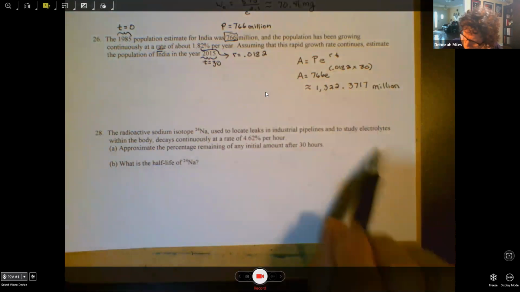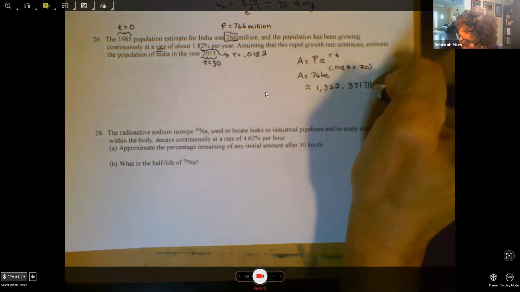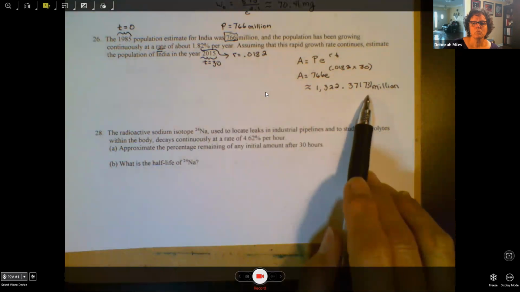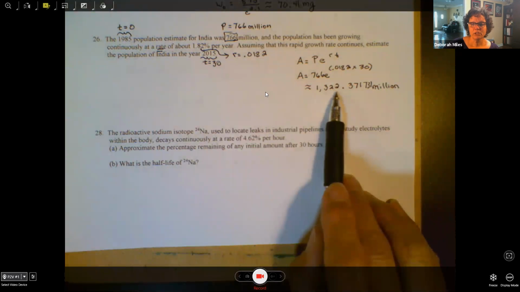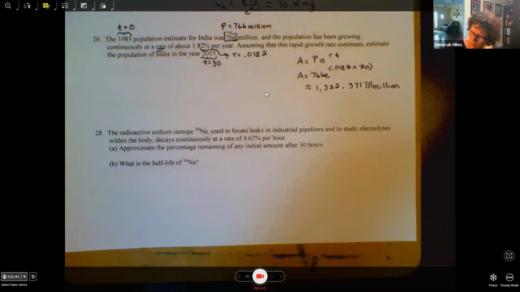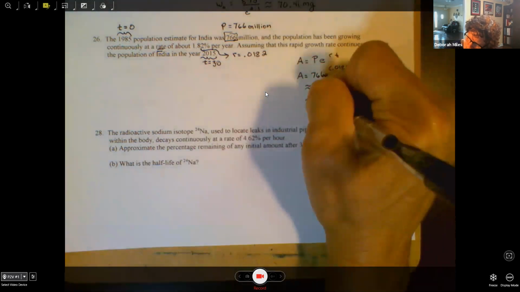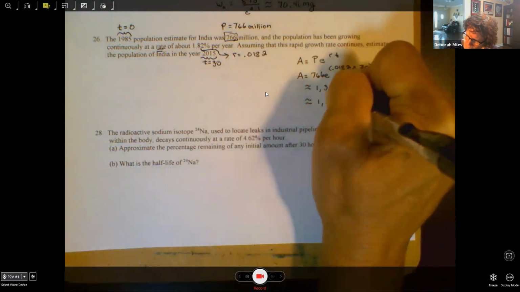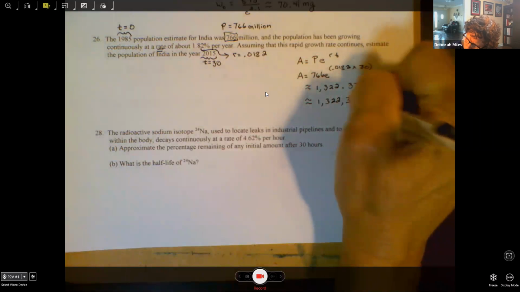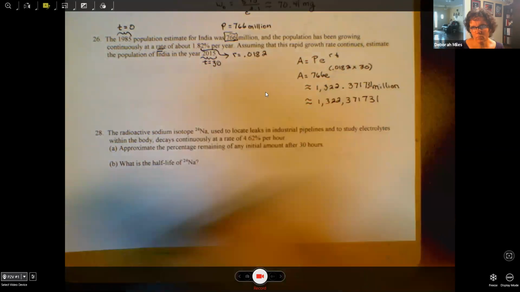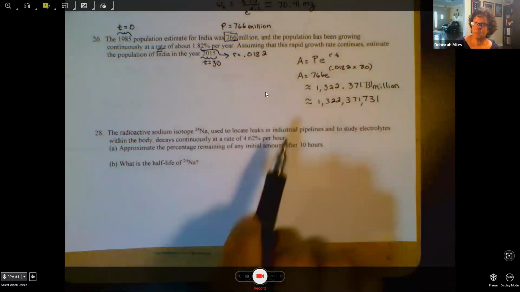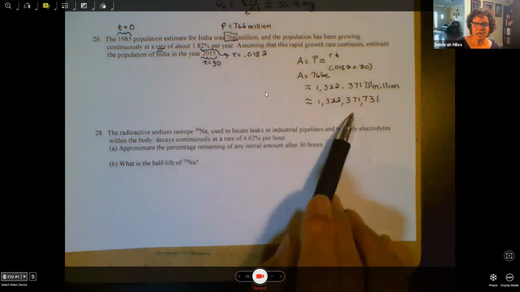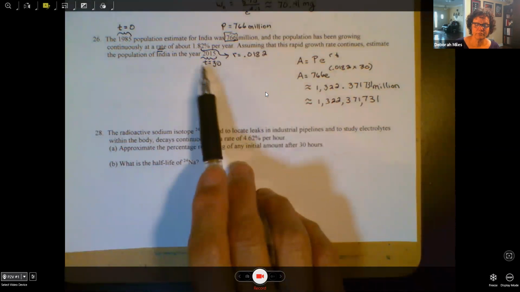Let me write down 2 more decimal places. 3, 1. To write that without the word million, I would need to move the decimal 6 places to the right, because a million has 6 zeros. That's the approximate population of India in the year 2015.